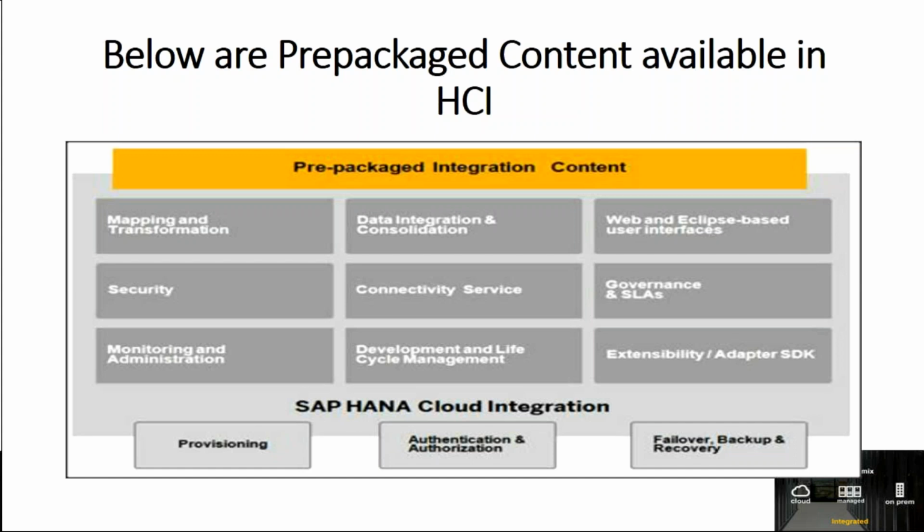You have monitoring and administration. You have the deployment life cycle management and extensibility adapter ADK, which means you can customize HCI using Apache Camel and create your own adapters and new functionalities in HCI if required.